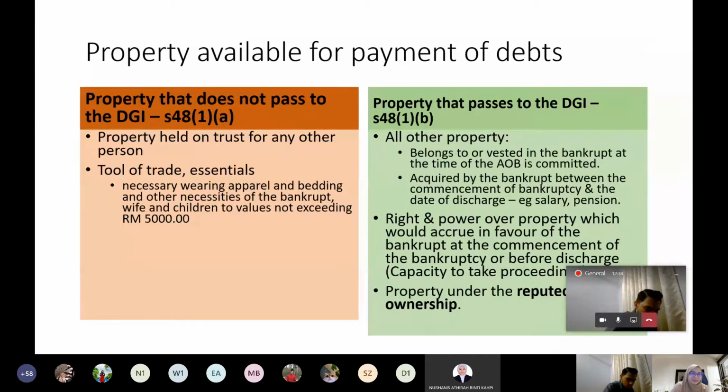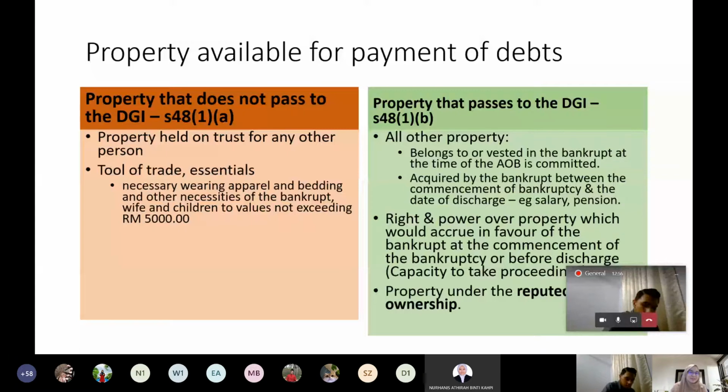Okay, and then his essentials as well will also remain with the debtor. That is the necessary wearing apparel, dia punya clothing mungkin belong to the family as well, and bedding and other necessities of the bankrupt, wife and children to values not exceeding 5,000 ringgit. So the amount is quite macam small.